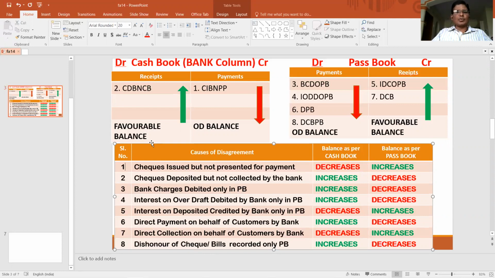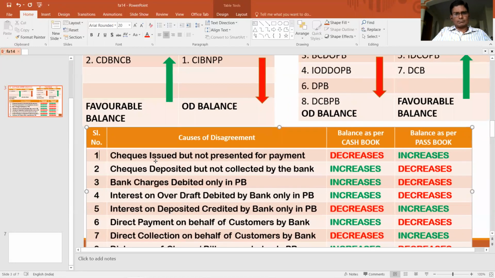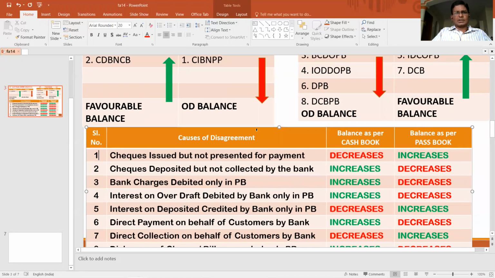Overcasting means that amount is erroneously entered. Those two points you have to remember. Very, very important points. Undercasting, overcasting you have to know.